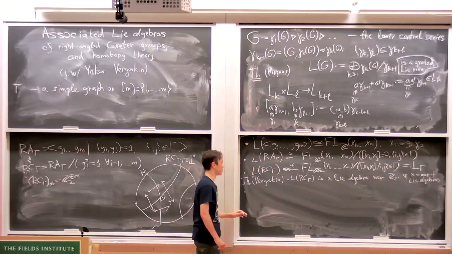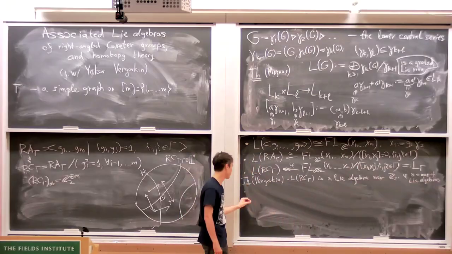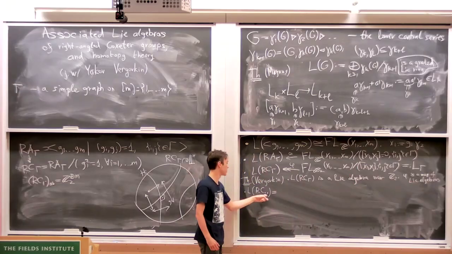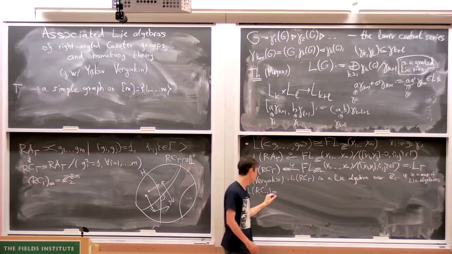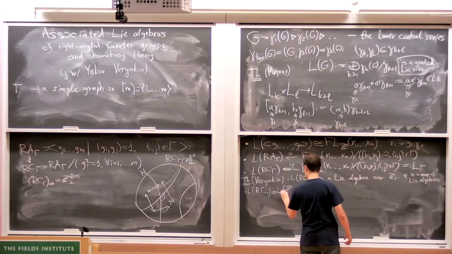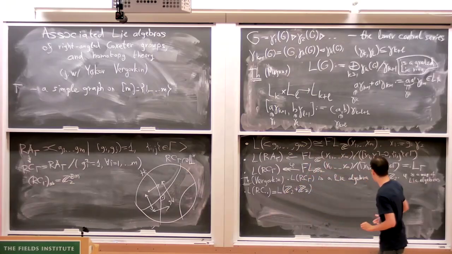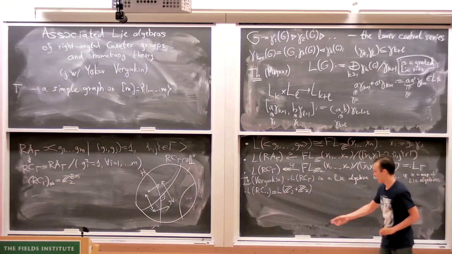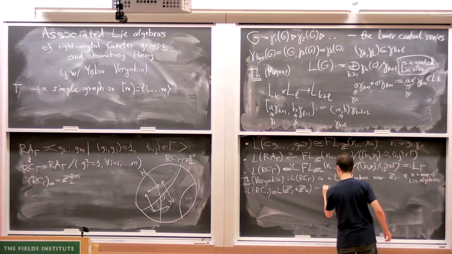We can consider the example of the graph with two vertices and no edges. So the corresponding right-angled Coxeter group is generated by two elements with no relations. So this is a Lie algebra associated to this. And this graph Lie algebra is a free Lie algebra on two generators. But this is much smaller. So let me list the graded components.